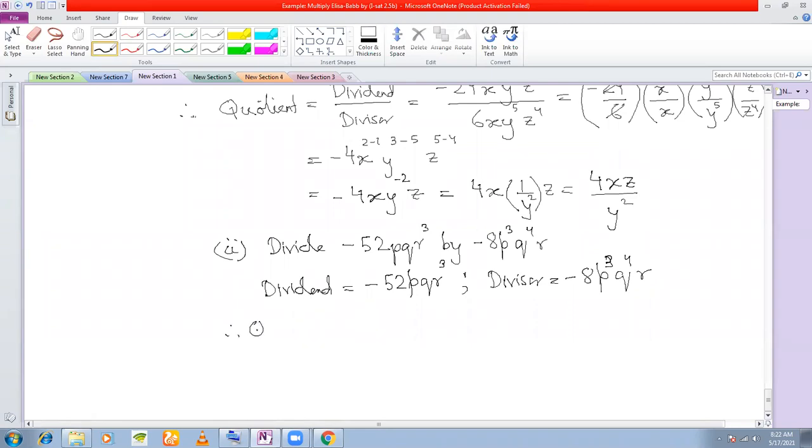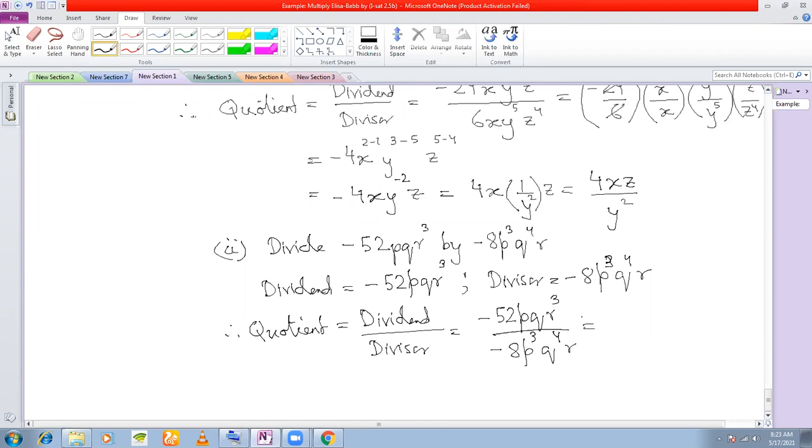So therefore, quotient here is dividend by divisor. Dividend is minus 52 p q r cube divided by divisor here, minus 8 p cube q to the power of 4 r.